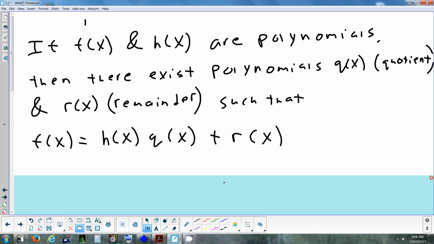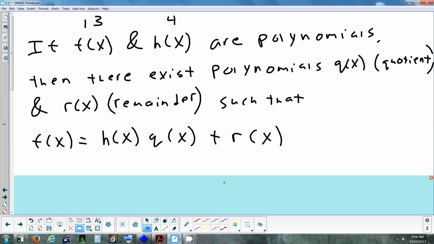Let's look at an example with just numbers. Let's let f of x be the number 13. Let's let h of x be 4. I want to pick something that would have a remainder.